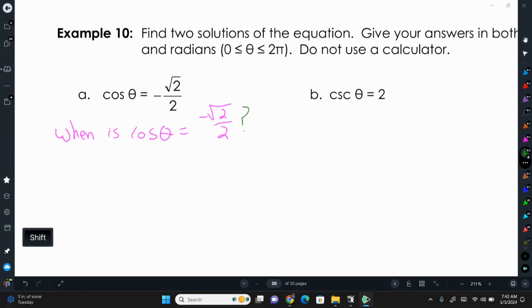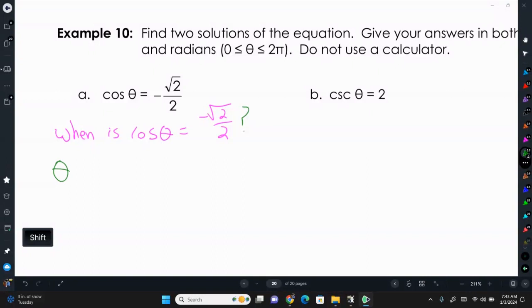That's what we need to ask ourselves. Well, we know that the square root of 2 over 2 family is the pi over 4 or the 45 degree family, and cosine is negative in quadrants 2 and 3.